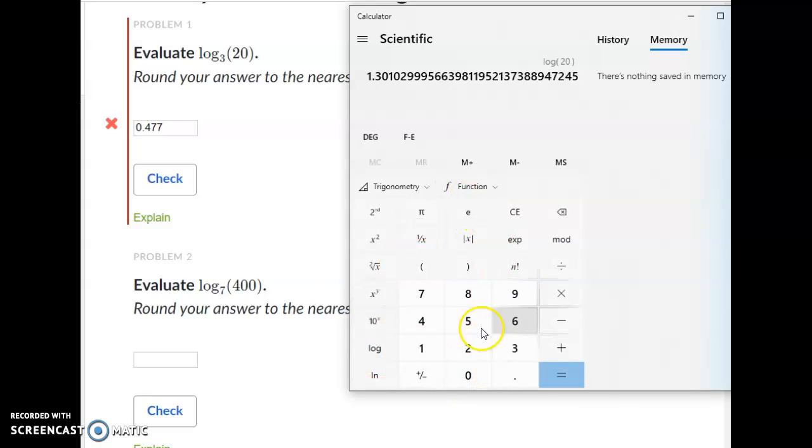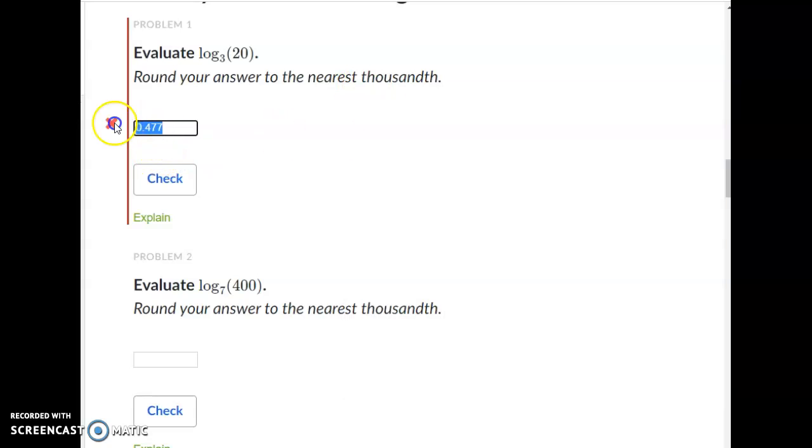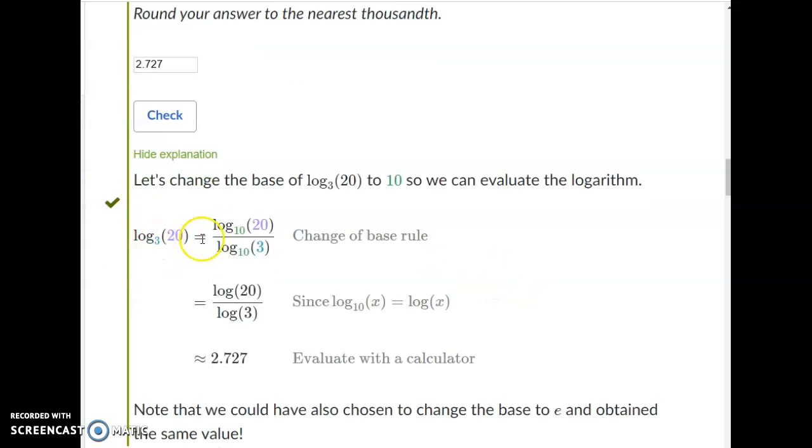We'll take the log of 20, and I'm going to divide by the log of 3, and that's equal to 2.727, approximately. And if you want to hit the explain, it'll give us that same explanation. The log base 3 of 20 is the log of 20 divided by the log of 3. When you type it into your calculator, it's going to look a little bit different.